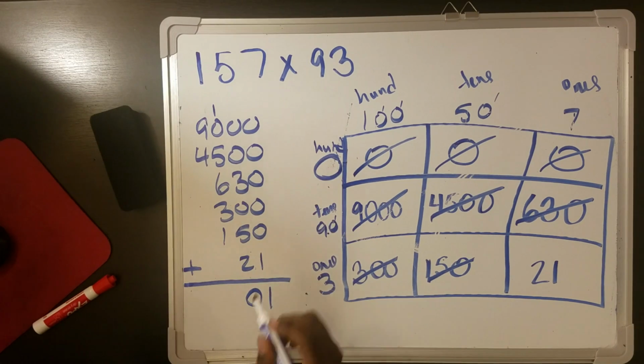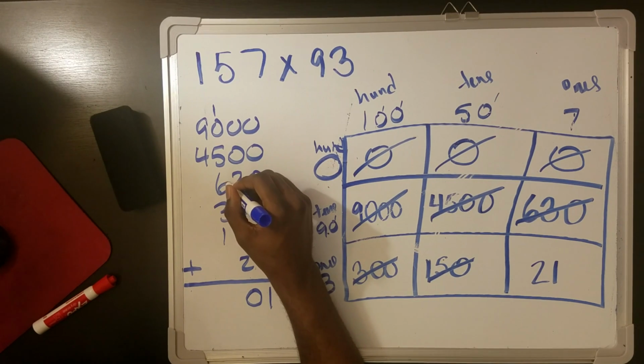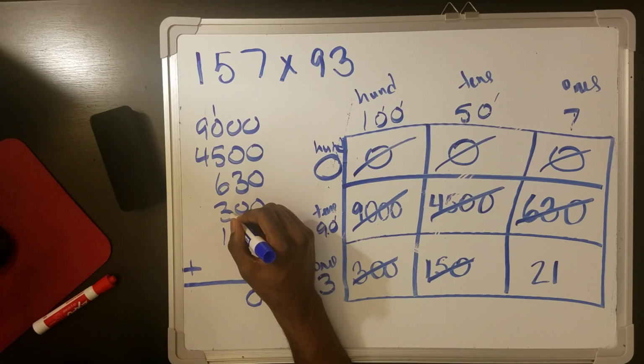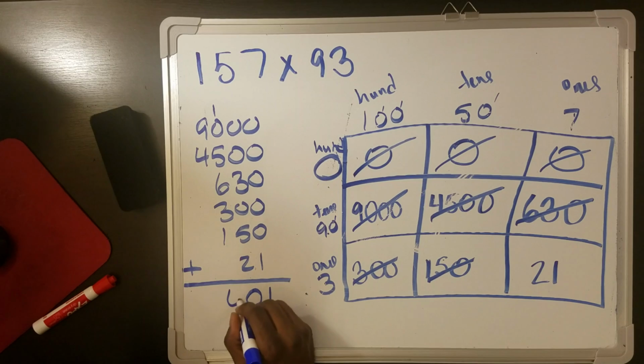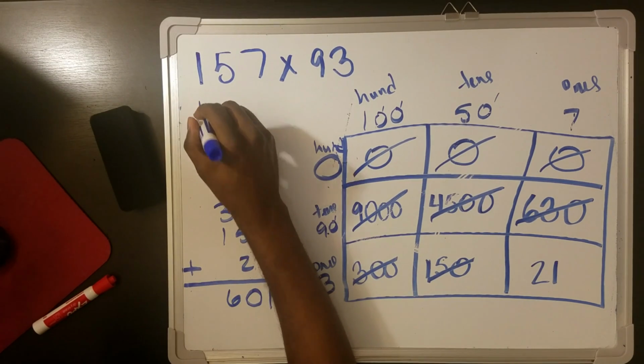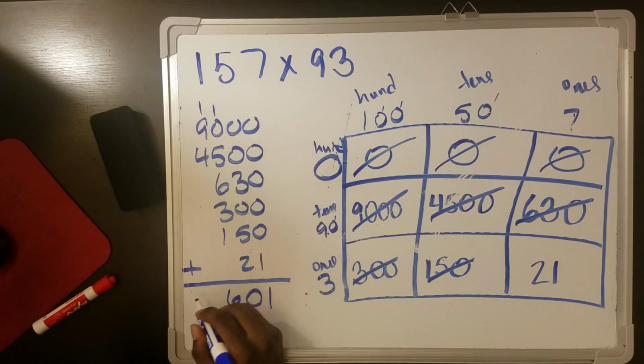Carry the 1. 1 plus 5, 6 plus 6 is 12. 12 plus 3 is 15. 15 plus 1 is 16. 16, so we put 6 there, carry the 1. 1 plus 9, 10. 10 plus 4, 14.